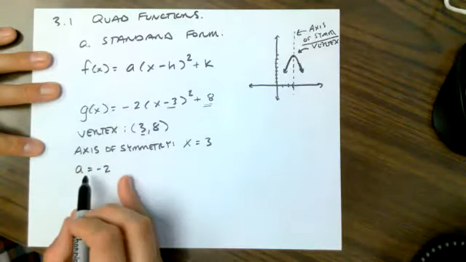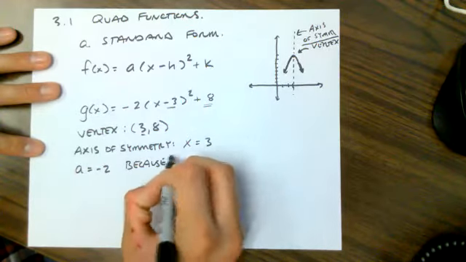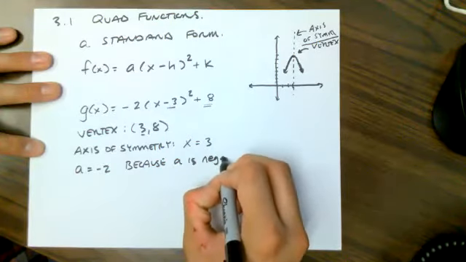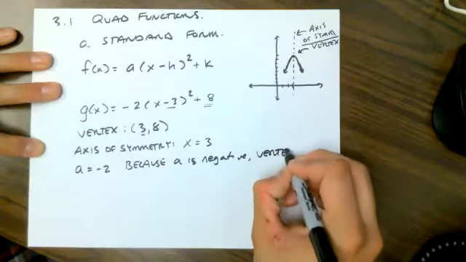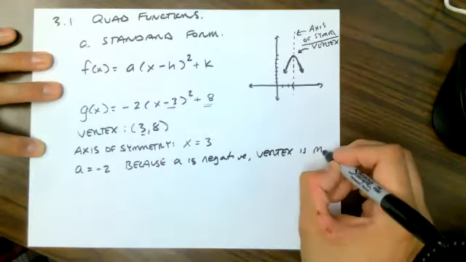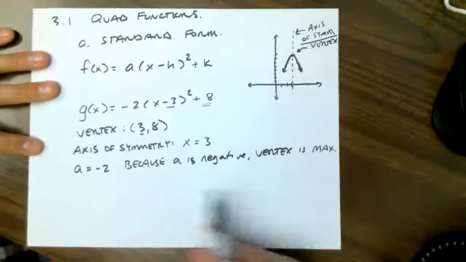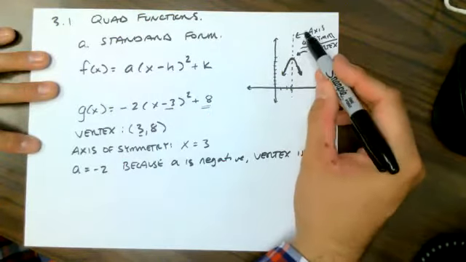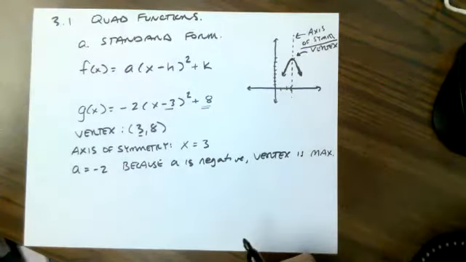So a equals negative 2, and because a is negative, the vertex is a max. Notice the vertex is a maximum up there. If this would have been positive, this vertex would have been flipped up this way, and it would have made the vertex a minimum, actually.